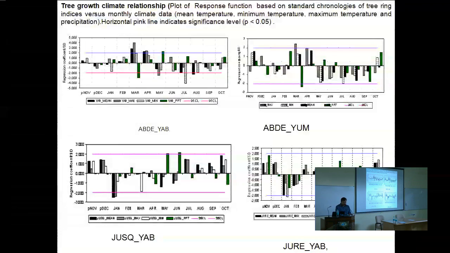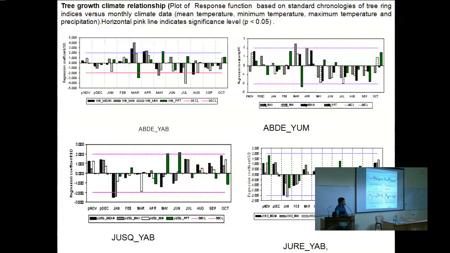The tree growth relationship is to find out which climatic factor is exactly limiting the growth of trees. These plots show the regression coefficient divided by the standard deviation, and these are the responses to temperature and precipitation, with temperature in terms of mean, maximum, and minimum temperature.